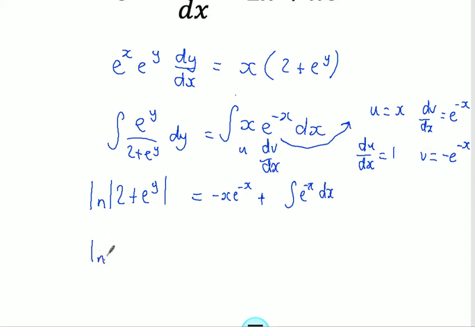So natural log of 2 plus e to the y equals negative x e to the negative x, subtract e to the negative x plus c. Whew. We've done it. Now that's okay to leave it like that. In this question it did say leave your answer in the form ln g of y equals f of x, and we've successfully done that.